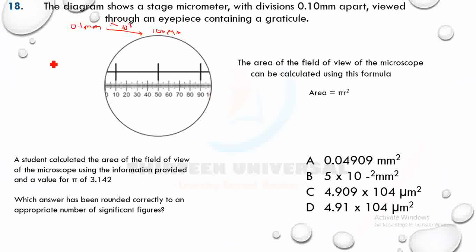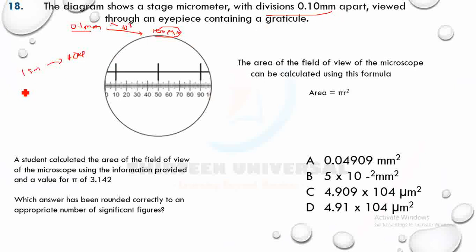Don't forget that we said that 1 SM, 1 state micrometer, gives us 40 eyepiece graticle. We have established that 1 SM is the same thing as 100 micrometers, because 1 SM is 0.1 millimeters, with divisions 0.1 millimeter apart, so converting it gives 100.